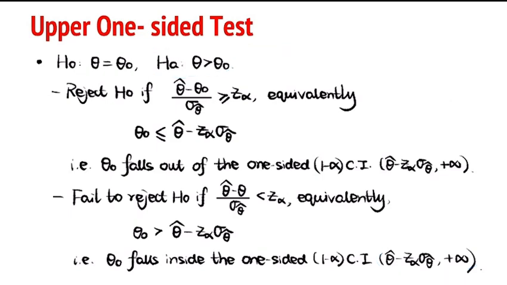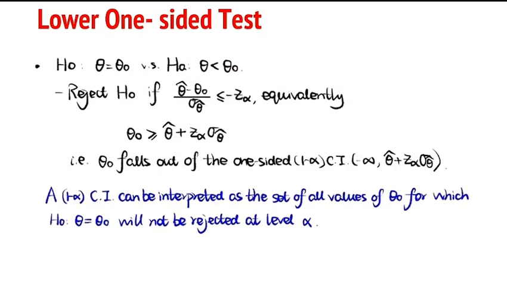Can we move now to the lower one-sided test? Take a look at that. It's called a lower one-sided test because the alternative is theta less than theta naught. Based on the critical region we derived in class, the condition to reject the null hypothesis is when Z is less than or equal to negative z alpha.